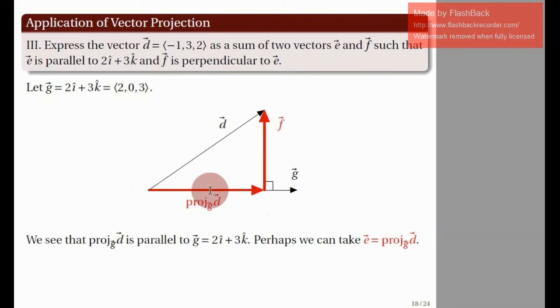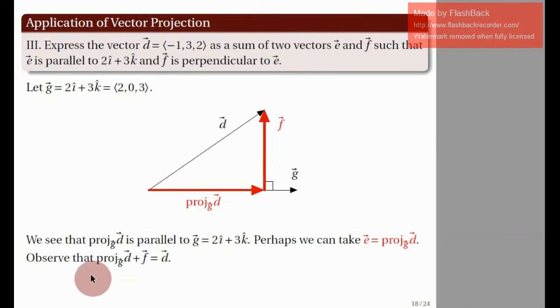See that if we add the two vectors, their sum is in fact this vector d. So far, our choice for vector f is quite valid because one condition that we need for vector f is that vector e, which in this case we chose to be the projection, plus vector f should be equal to our vector d.